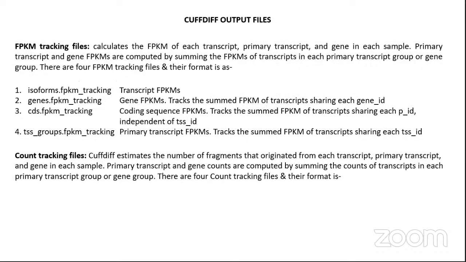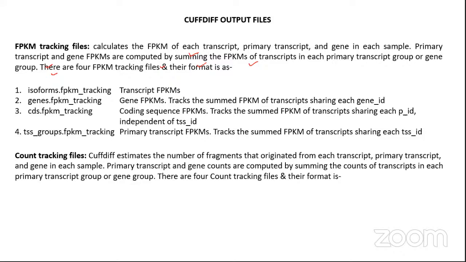So these files are very important to know. Cuffdiff output generates these many files. So FPKM tracking files calculate the FPKM for each transcript, primary transcript, and genes in each sample, and it writes different files.